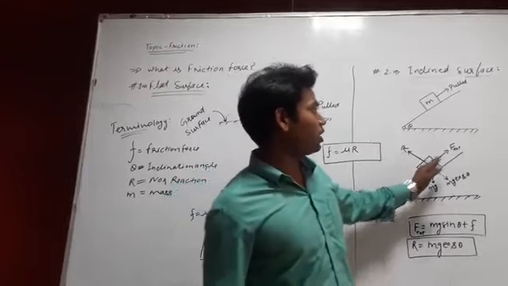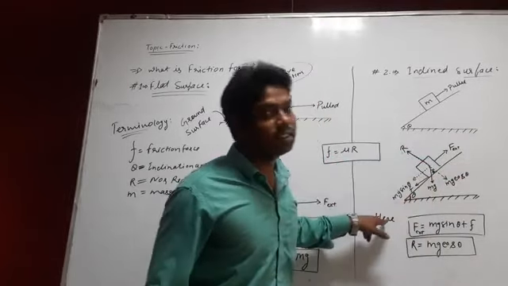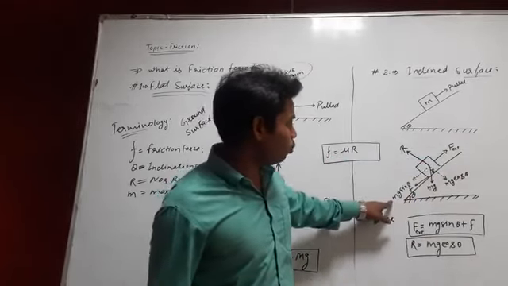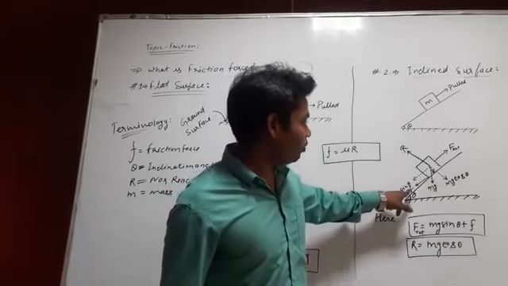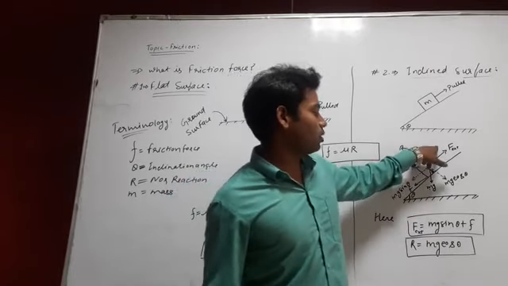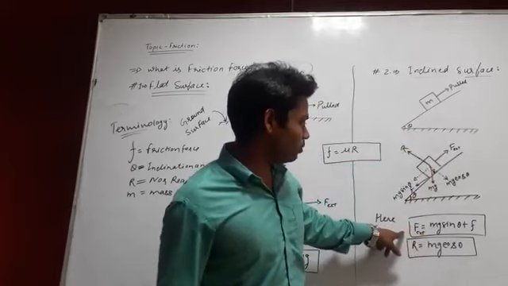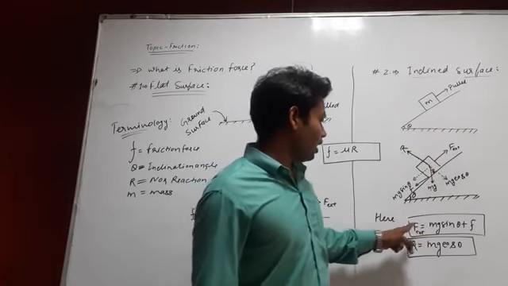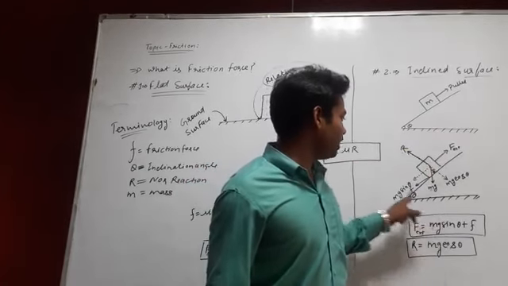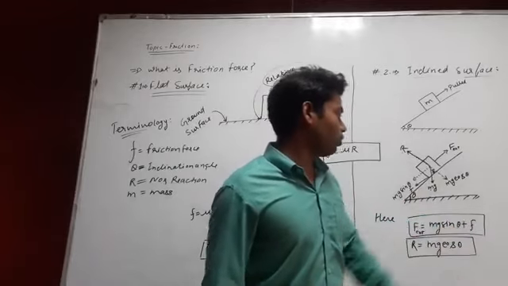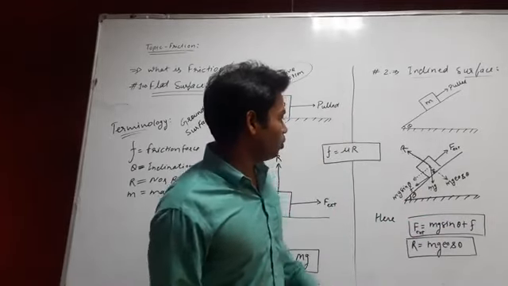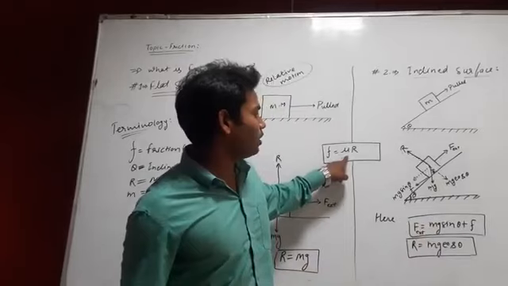These two forces, one component of weight and the friction force, will balance the external force. So in this equation, F will be equal to mg sin theta plus friction force. As you know, friction force is mu into R.